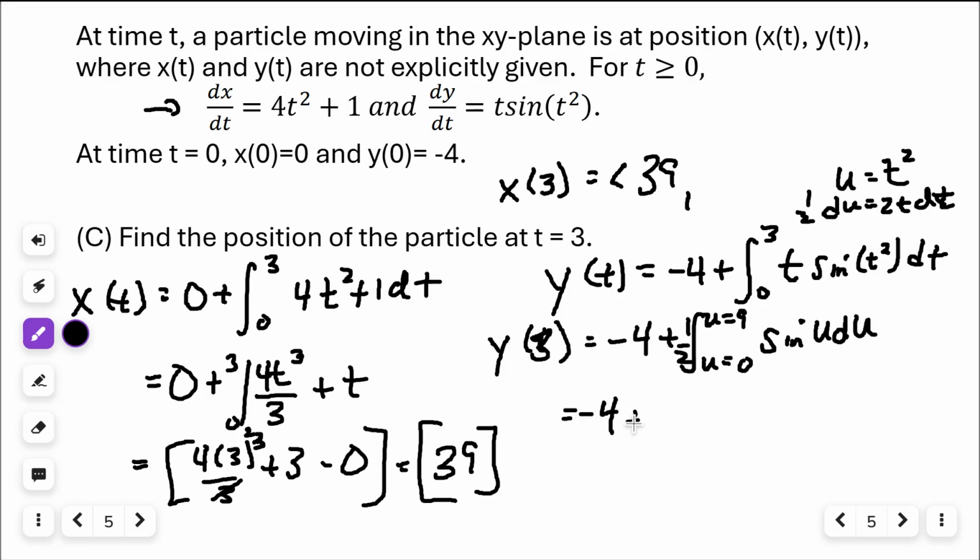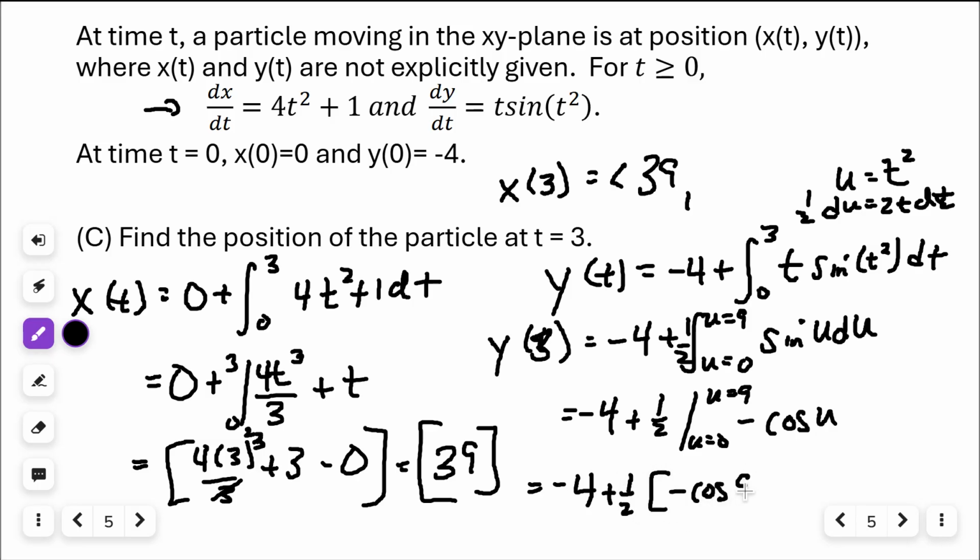Okay, so that's -4 plus 1/2 from u equals 0 to u equals 9. The integral of sine is minus cosine. So that's going to be -4 plus 1/2 times negative cosine 9 minus negative cosine 0. Cosine of 0 is 1. So that's -4 plus 1/2 times negative cosine 9 plus 1.